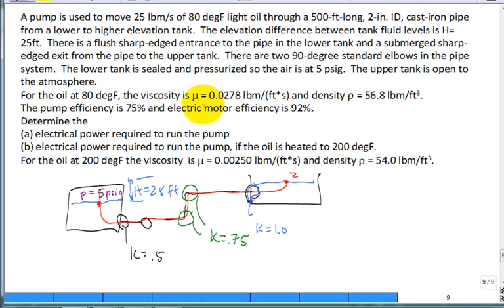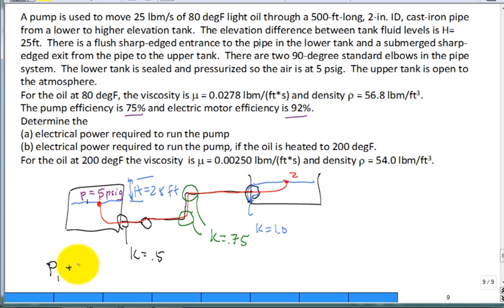So with this viscosity and density, and you're given the efficiency of the pump and the efficiency of the electric motor, determine the electric power required to run the pump. You want to solve as much of this before you get to Excel by hand. And when you do it with Bernoulli's equation going from there to there, let's write it all out. I'll write it in terms of pressure because P1 is given, isn't it? 5 psi-G.